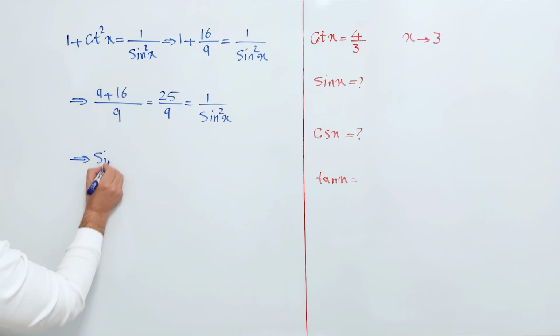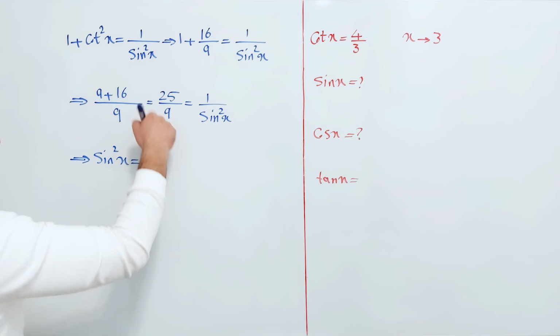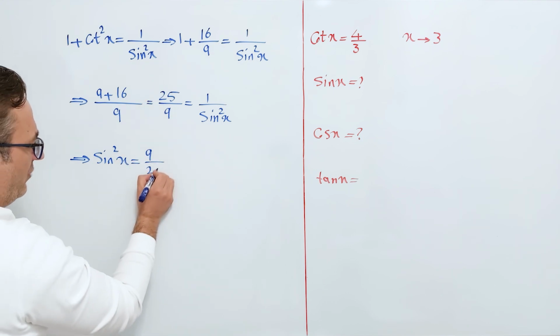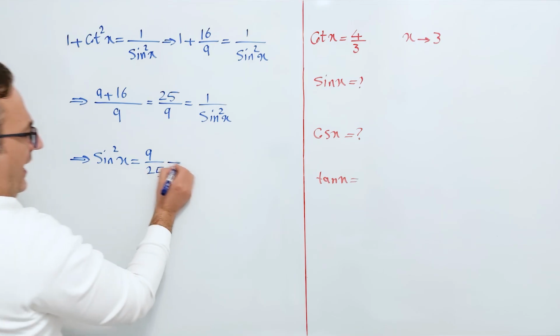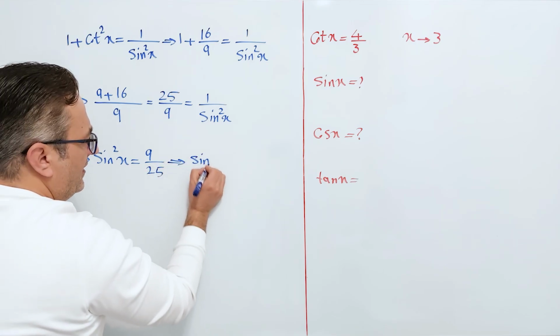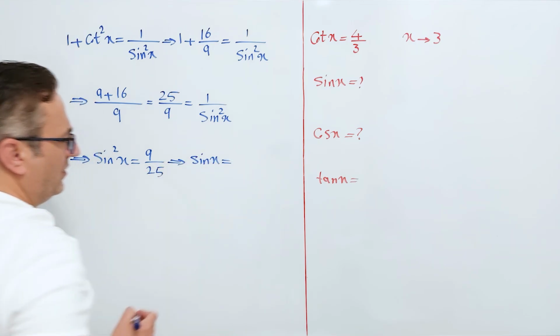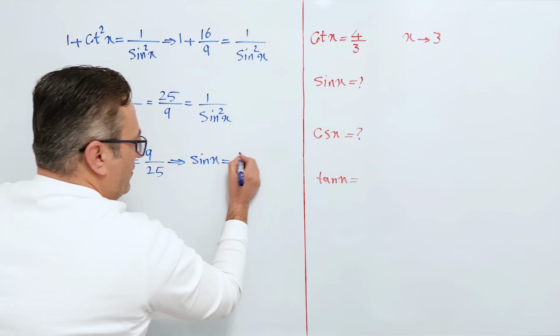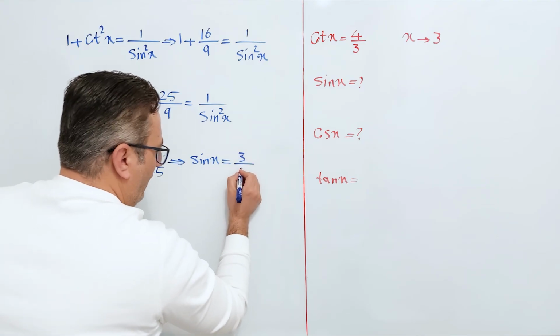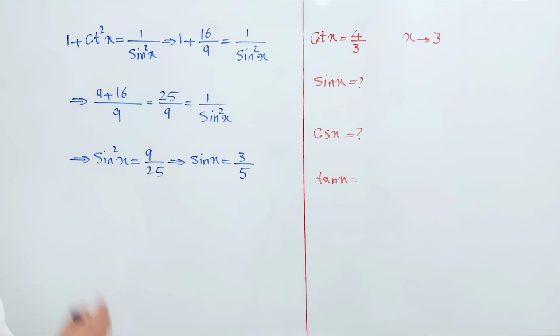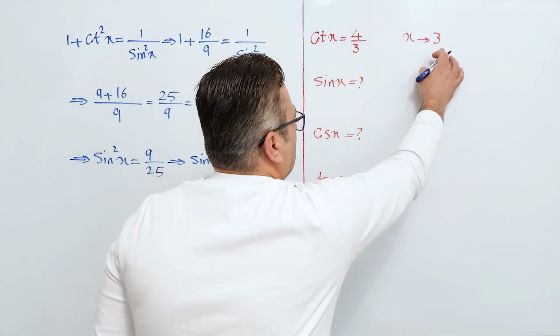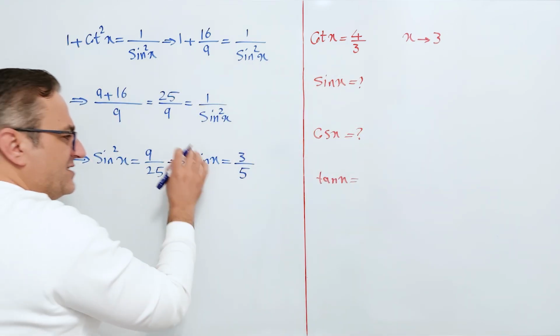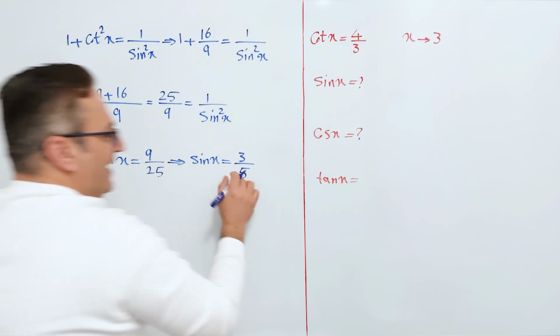So sine squared x is equal to 9 over 25, and finally, if we take the square root of both sides of the equation, sine x is 3 over 5, and since x is in the third quadrant, we know that the sign of the sine is negative.